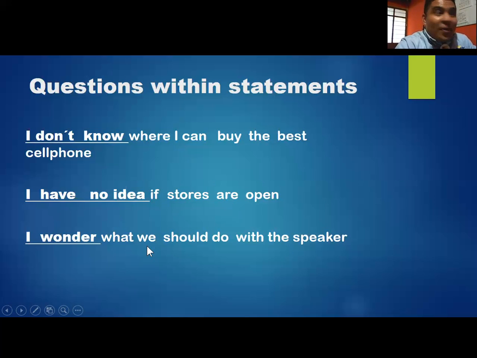First, we put the subject and then we put the verb, okay? Should do with the speaker, okay? This is not complicated to understand. You just have to interchange the subject and the verb to make your different kinds of questions, okay?